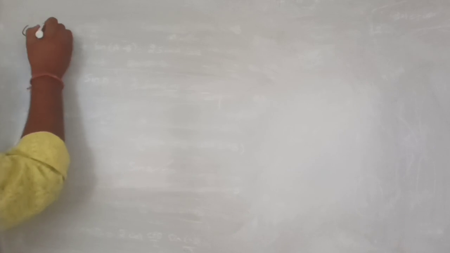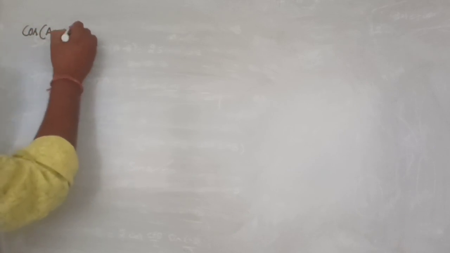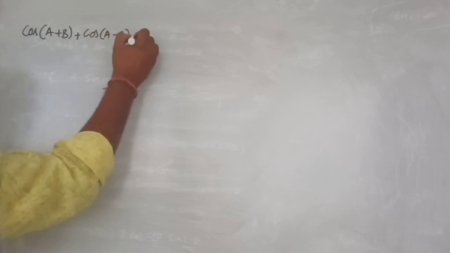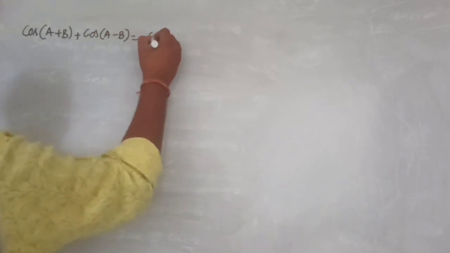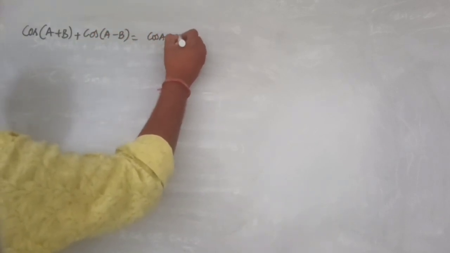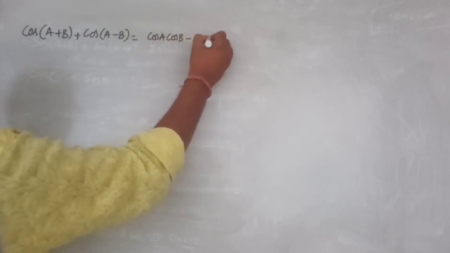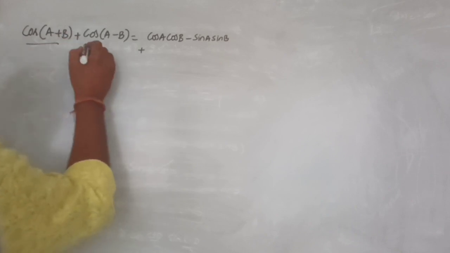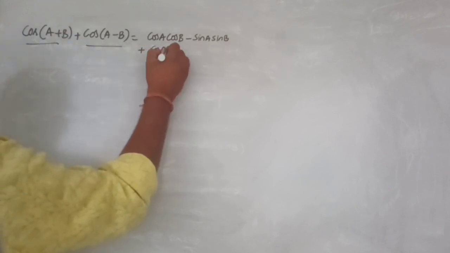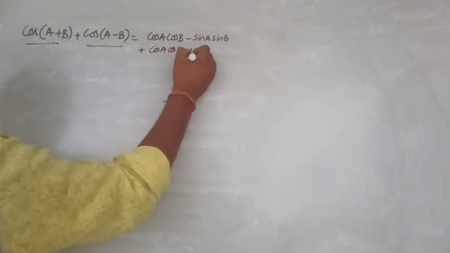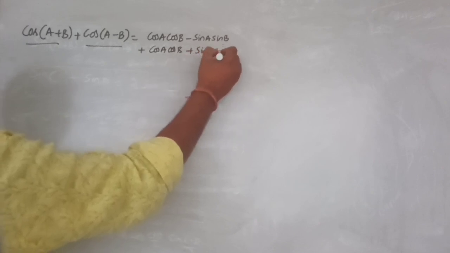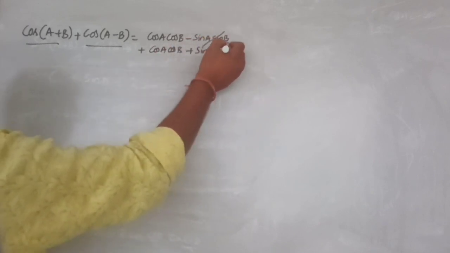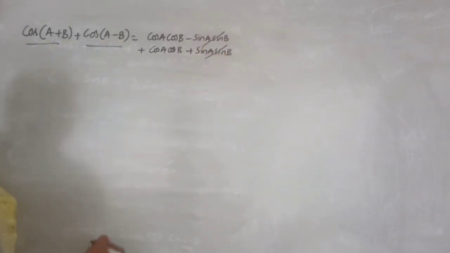Next, cos of A plus B plus cos of A minus B. Cos of A plus B is cos A cos B minus sin A sin B. That is the cos of A plus B value. Then cos of A minus B is cos A cos B plus sin A sin B. So minus sin A sin B and plus sin A sin B cancel.